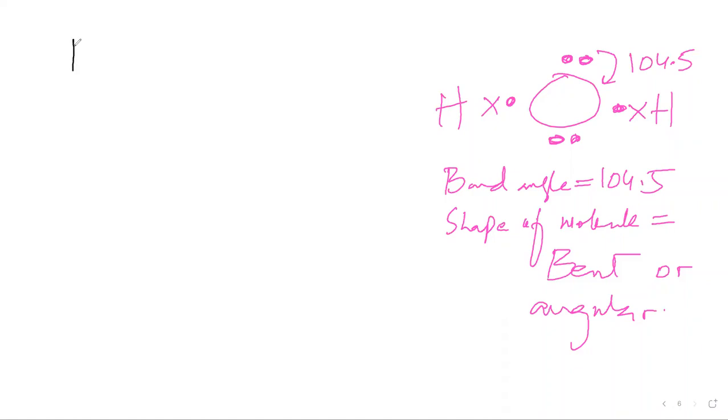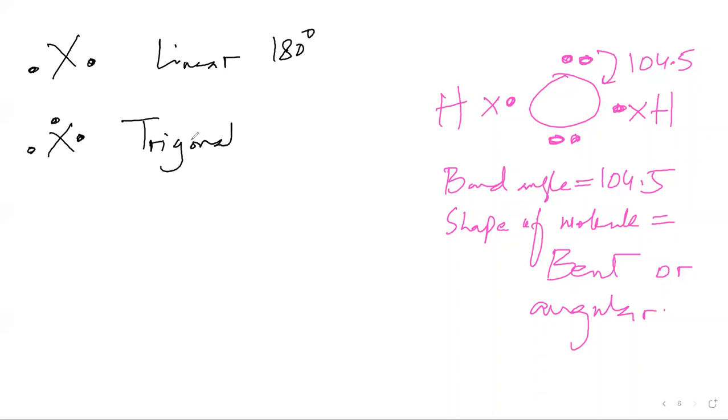For example, if two bond pairs are present, linear shape and 180. If three bond pairs are present only, then trigonal, which is 120.